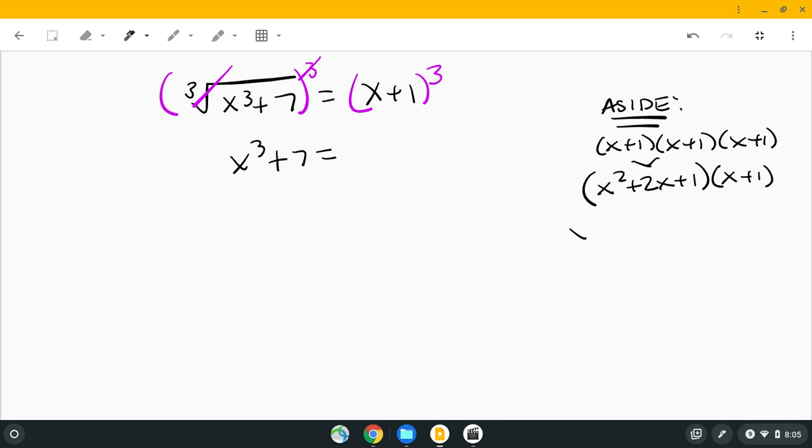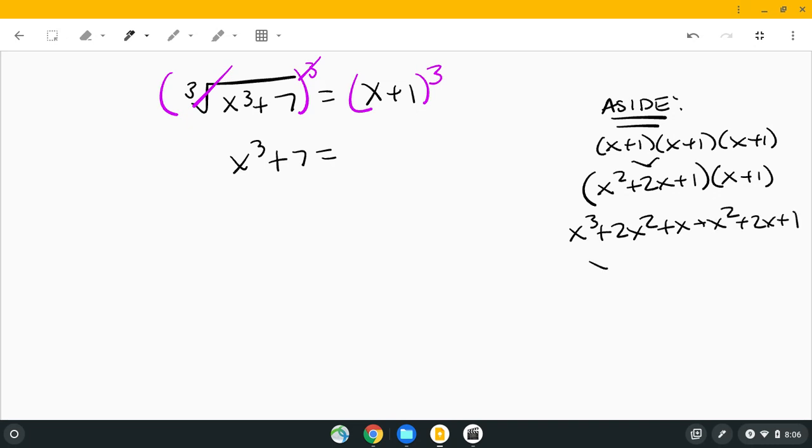So I'm distributing this x to these three terms. x times x squared is x cubed. x times 2x is 2x squared. And x times 1 is x. Now I'm going to distribute the 1 times that, which just gives me x squared plus 2x plus 1.